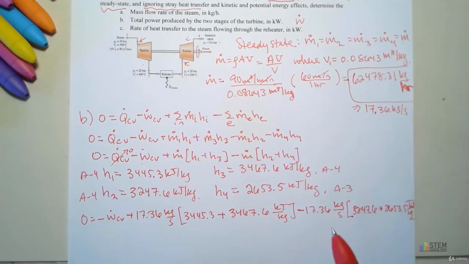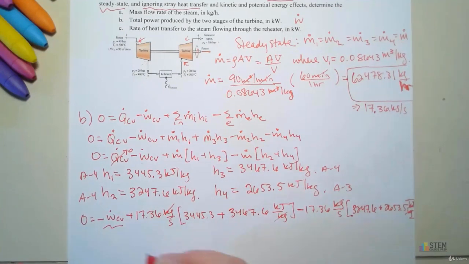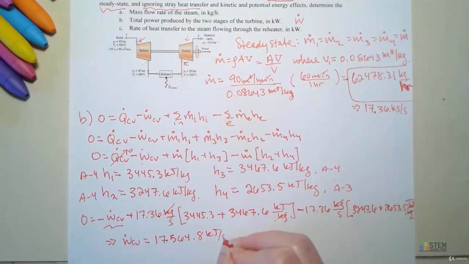Alright, now if you look at your units, kilograms goes away. You're going to be left with kilojoules per second, which makes sense for units of power. Now just solve for W dot. W CV dot then is going to be 17,564.8. That's really kilojoules per second, but we know that that is equivalent to kilowatt.